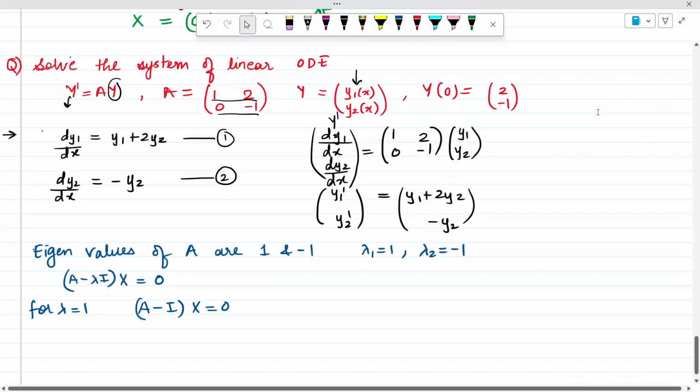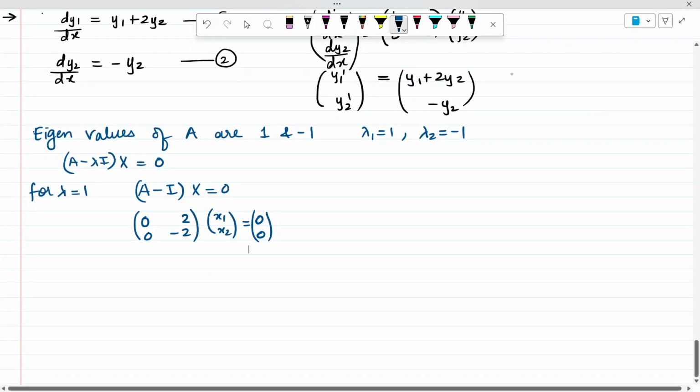So let's use A minus I. That is going to give me 0, 2, 0, minus 2 multiplied by x1, x2 equal to 0, 0. If I simplify this, the first one gives me 2x2 is 0, and the second one gives me negative 2x2 is 0.